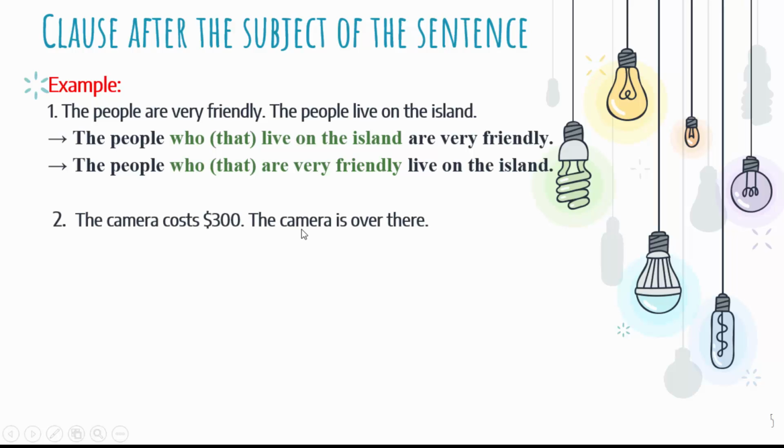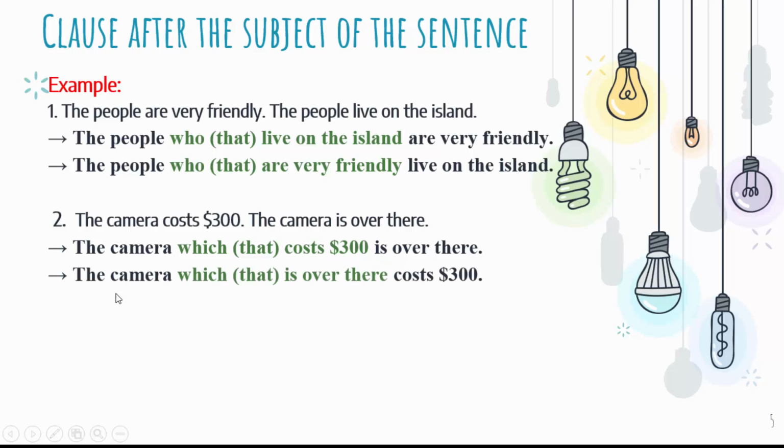The next example, the camera cost $300. Another sentence is the camera is over there. So you can combine as the camera which or that cost $300 is over there, or you can say the camera which or that is over there cost $300. Next one, the house belongs to Julia.